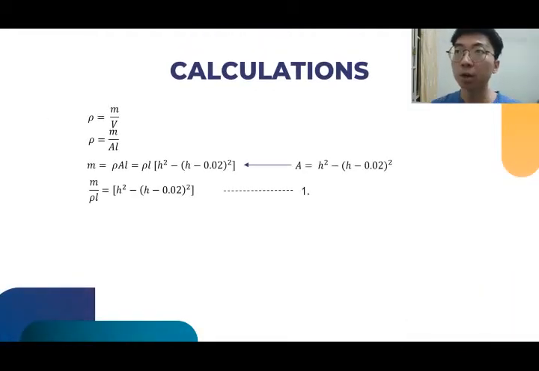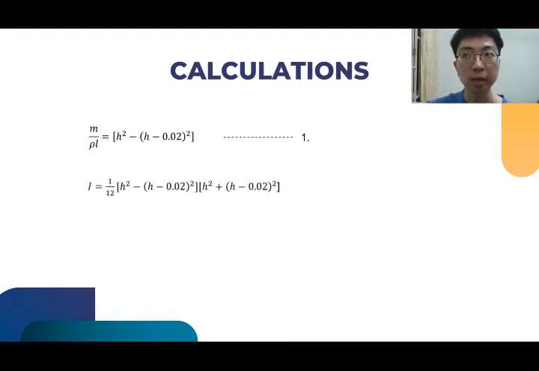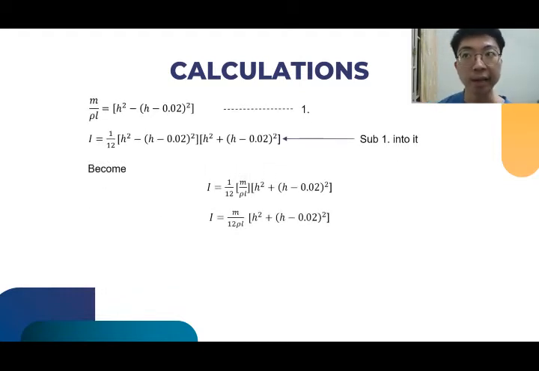Let's start. We know that rho, the density, is equal to M over V. From V, we can derive it by substituting the area of the square tubular into it, and then we form equation 1. For the moment of inertia, we can simplify it. After we have simplified it, we can substitute equation 1 into it, and then it becomes this equation.